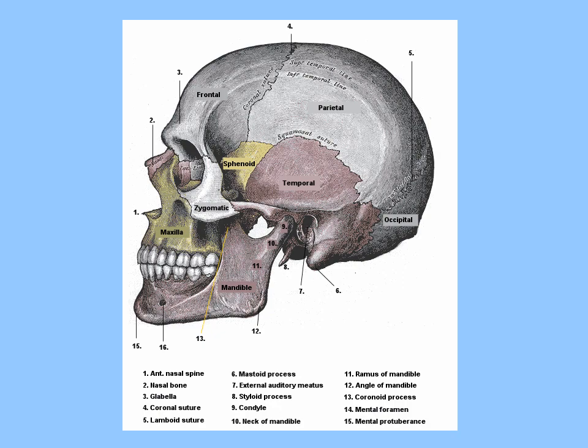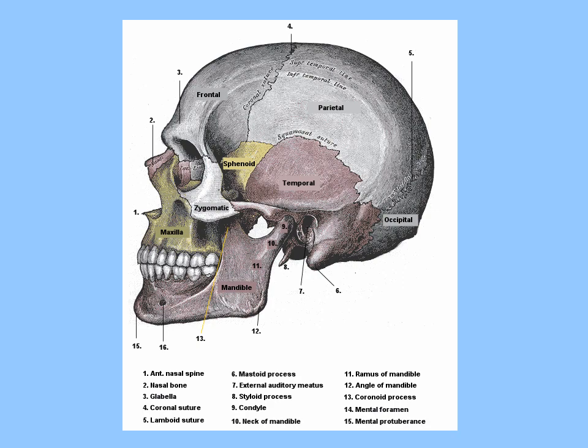In the temporal area, we have the mastoid process as well as the styloid process. These structures create a foramen called the stylomastoid foramen. The stylomastoid foramen serves as the exit point for the facial nerve, cranial nerve 7.